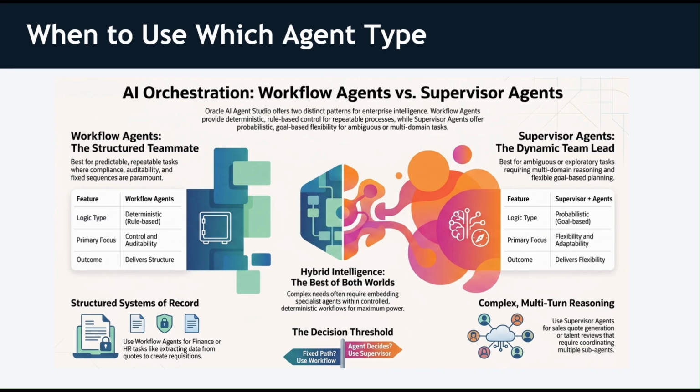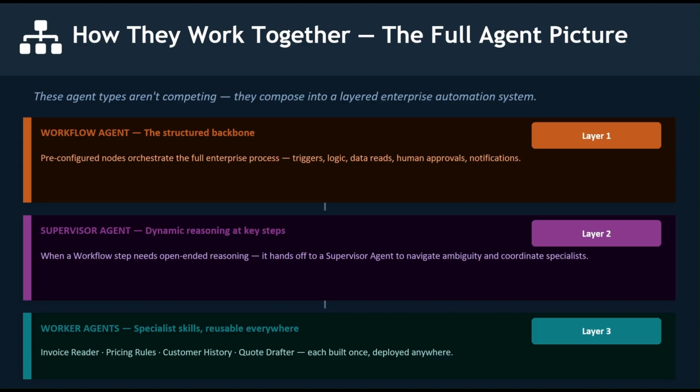Back to our hospital analogy: the hospital protocol system is the workflow, the attending doctor is the supervisor, and the best hospitals run both. Likewise, it's a hybrid approach that sometimes we have to use for complex scenarios. These are just the labels I talked about: workflow agents are the structured backbone, supervisor agents are dynamic reasoning, and worker agents are specialists. A worker agent will be part of a supervisor agent.